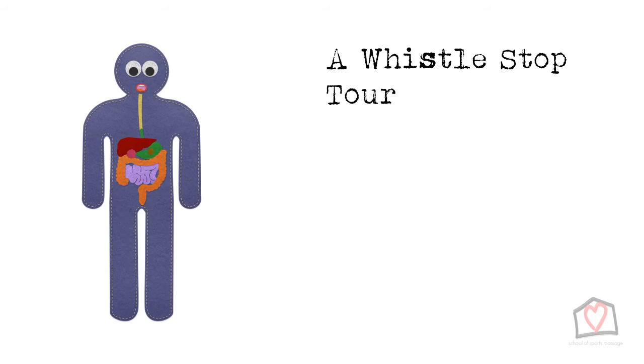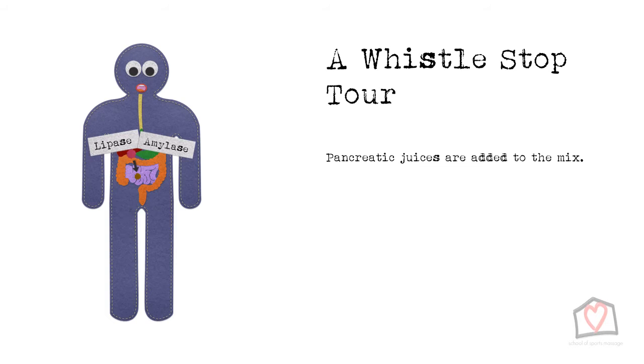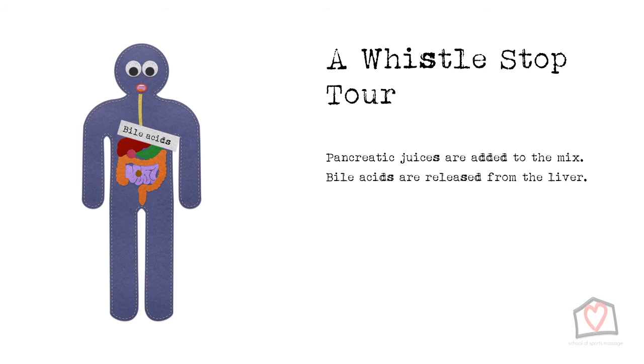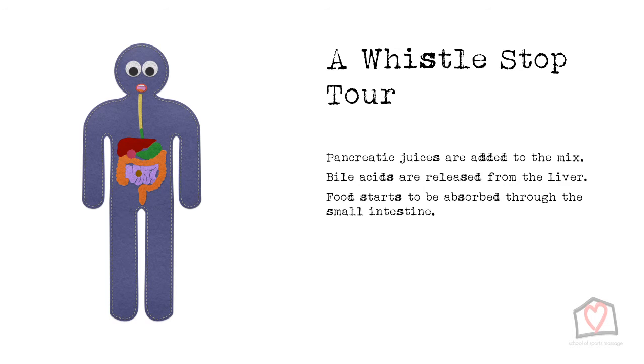As the partially digested food moves into the small intestine, the pancreas then adds its pancreatic juices to the mix, including lipase for fat breakdown, amylase for carbohydrates, and trypsin for proteins. As well as this, bile acids from the liver are released to emulsify fats, enabling them to mix with water. The broken down food starts to be absorbed through the walls of the small intestine into the bloodstream, which transports it around the body.